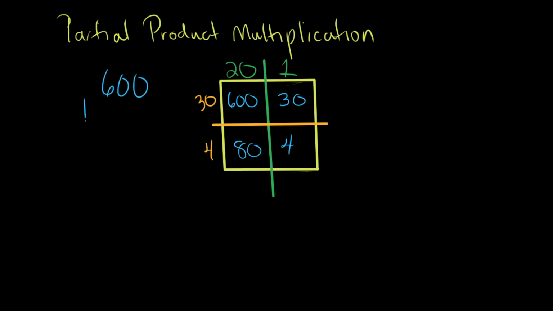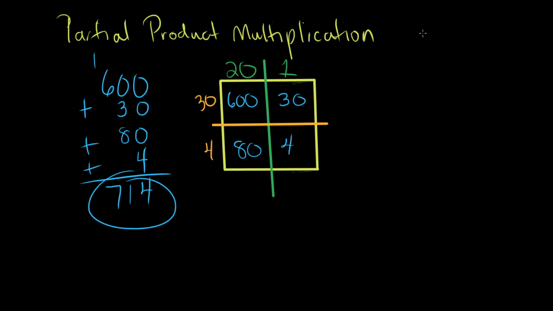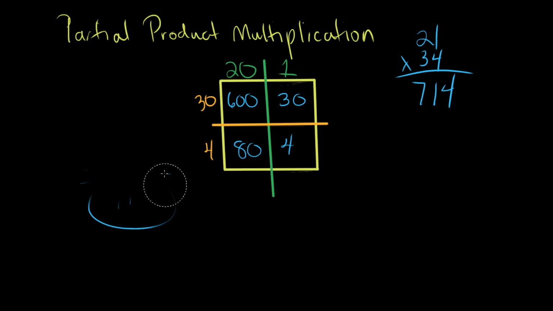So we're going to take 600 plus 30 plus 80 plus 4, which gives us an answer of 714. So if we did 21 times 34, that will give us an answer of 714. So that's using a partitioned square or a partitioned rectangle, whatever language you prefer to call it.